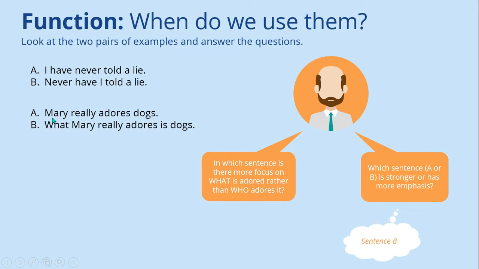This is about the agent, the subject, being the main concern, or it is the dogs, what Mary really adores. If you say B, that is right. The more focus here is on what Mary really adores, and that is dogs.